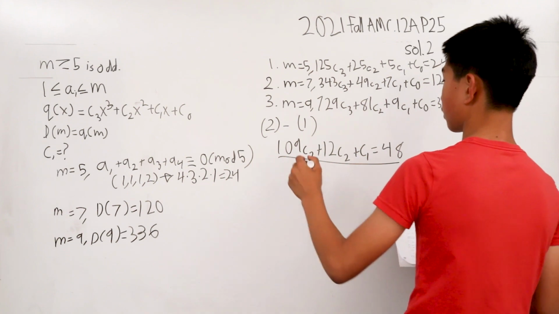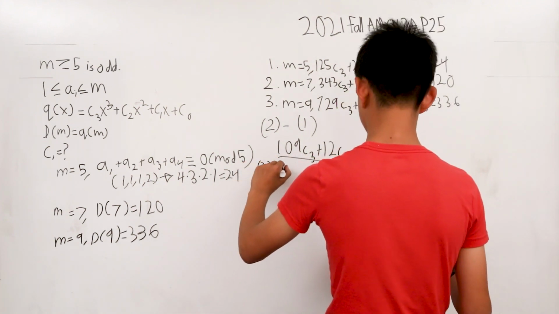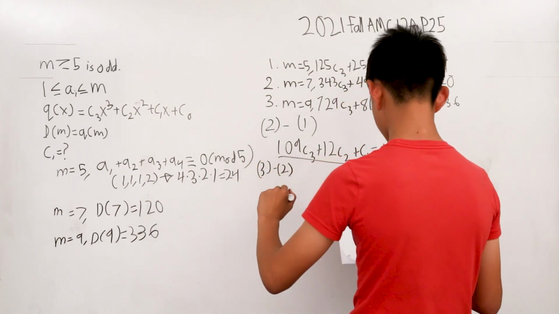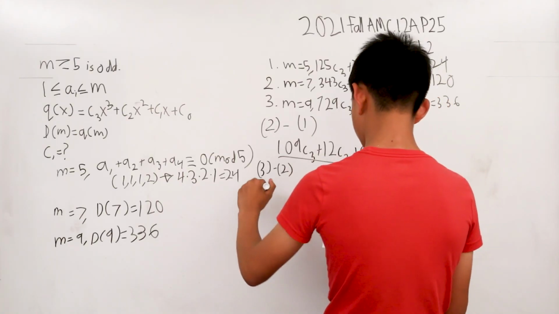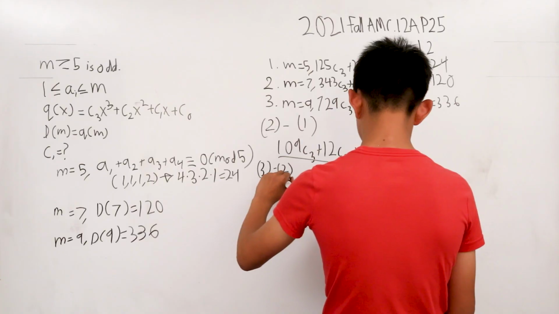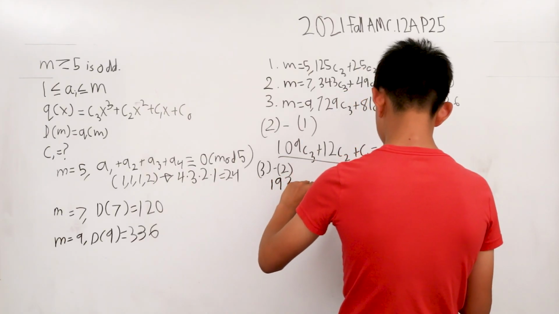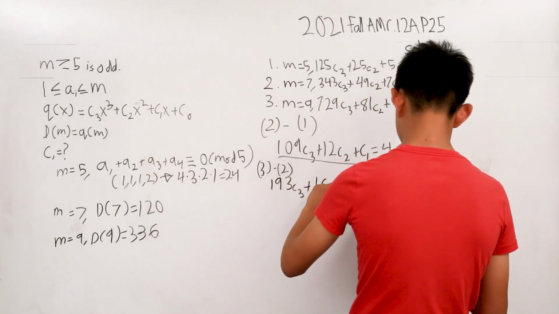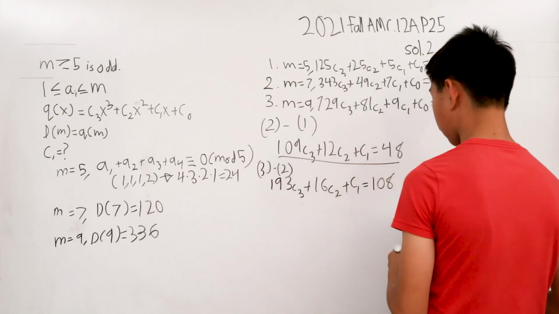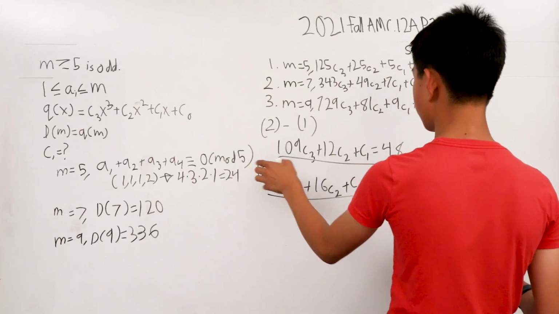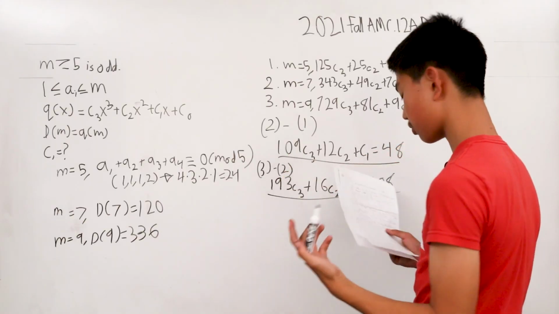Okay, now let's do 3 minus 2. After that, this is just going to be 193 C3 plus 16 C2 plus C1 is 108. Well, now we have these two equations, which we can then subtract.